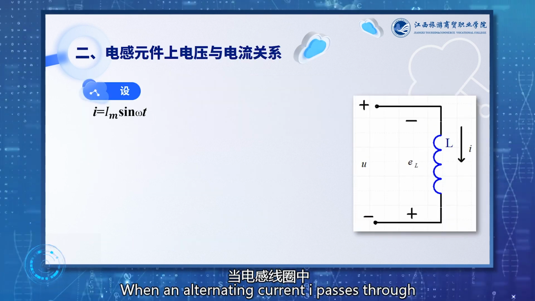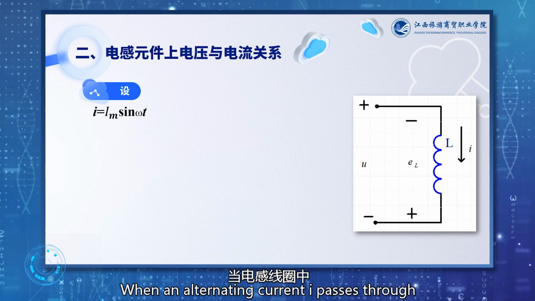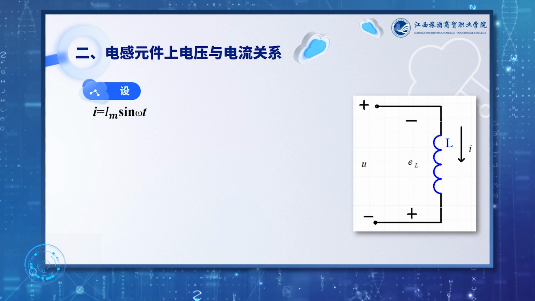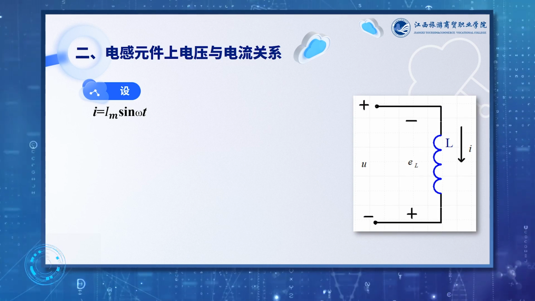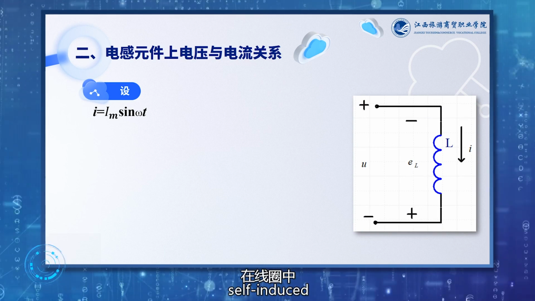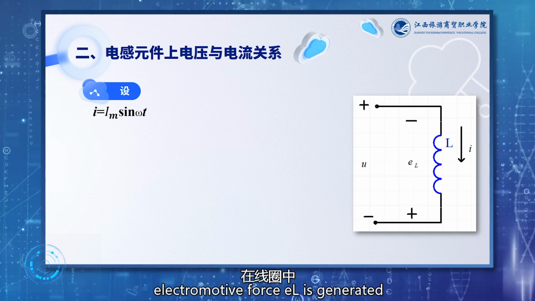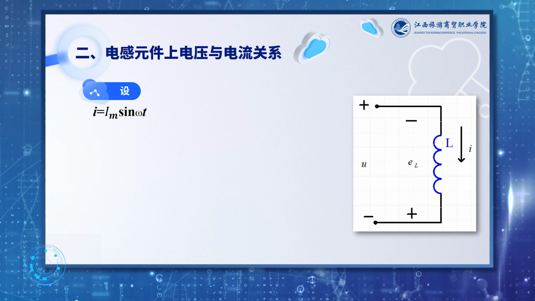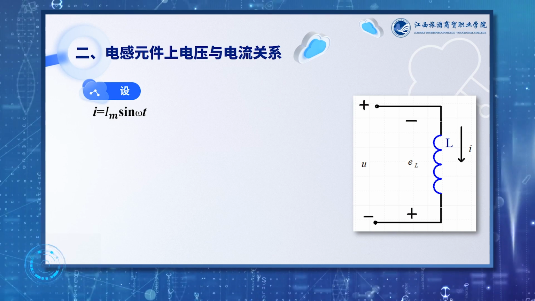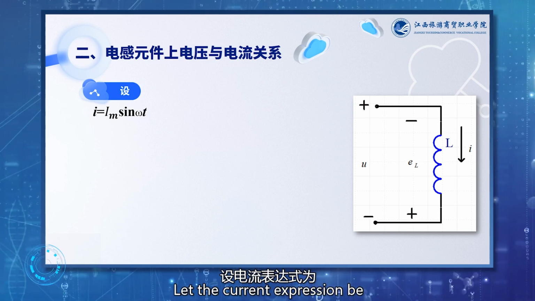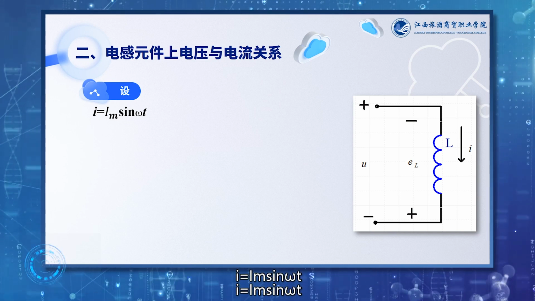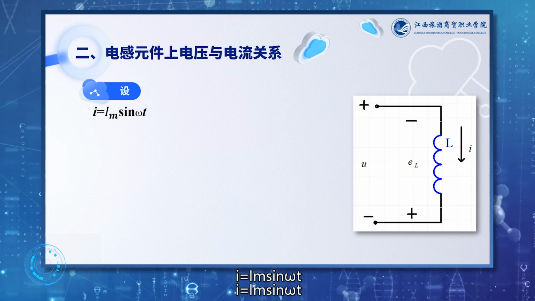When an alternating current i passes through an inductance coil, as shown on the left, a self-induced electromotive force eL is generated in the coil. Let the current expression be i equals Im sine omega t.